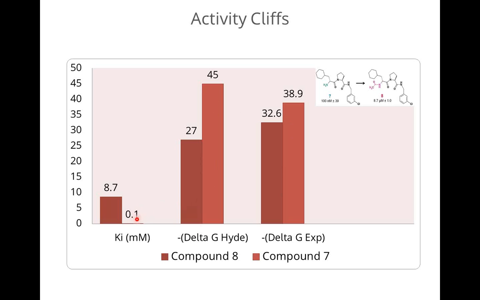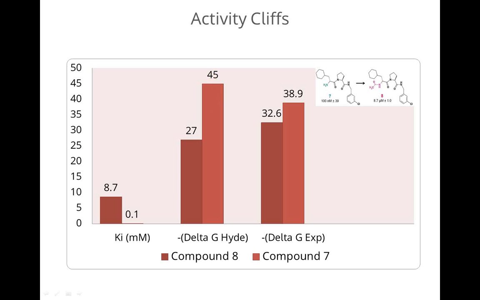So here's the Ki for both compounds. Here's the experimental delta G that we derived from the Ki, and HYDE is overexpressing this a little bit, but it's the trend we are after. We are not after the actual numbers here.